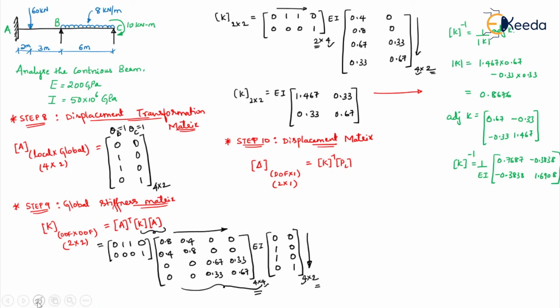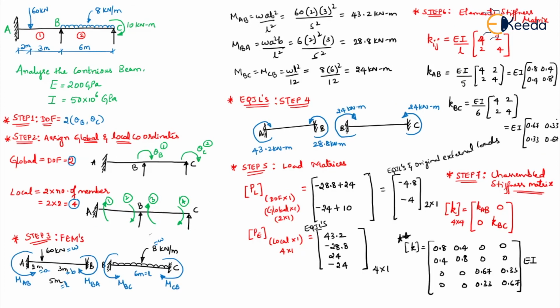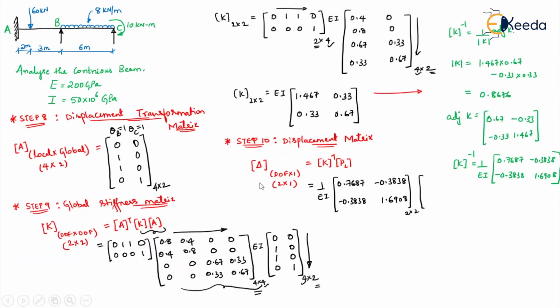Now put that K inverse here to find your displacement matrix. So 1 by EI into 0.7687, minus 0.3838, minus 0.3838, and the last one 1.6908. So this is a 2 into 2 matrix. Now coming to PL. You have already found PL previously. Where is it? See here.